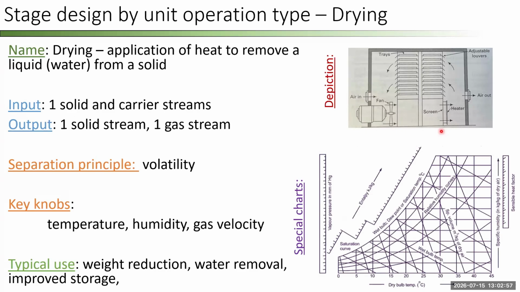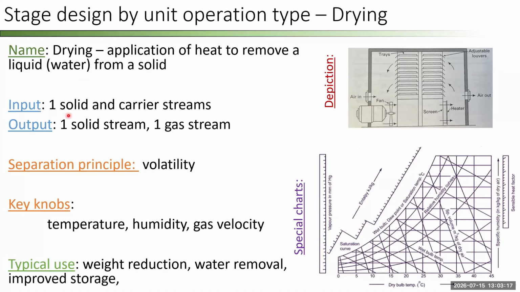Okay, now we're going to move away from mechanical processes and think about a process that you probably use often, which is drying. And so this is application of heat to remove liquid, which is usually water, from a solid.